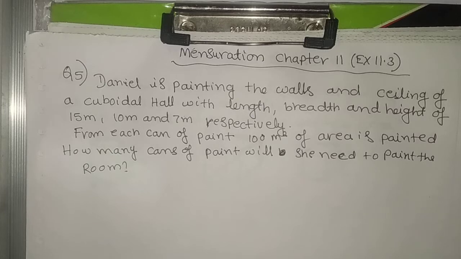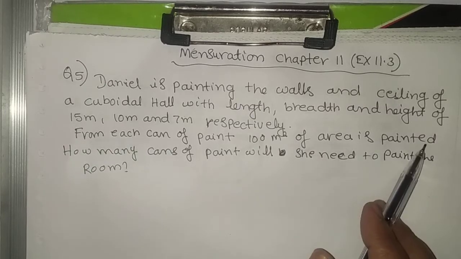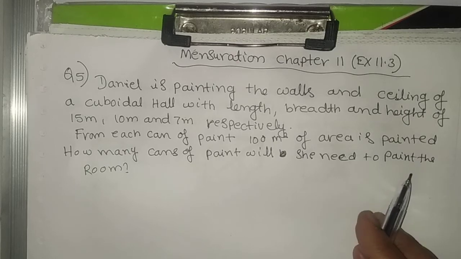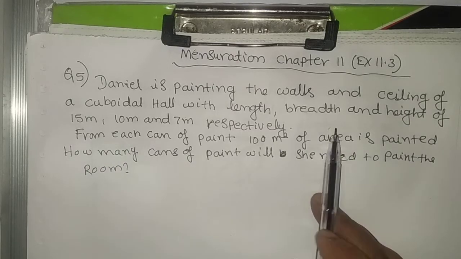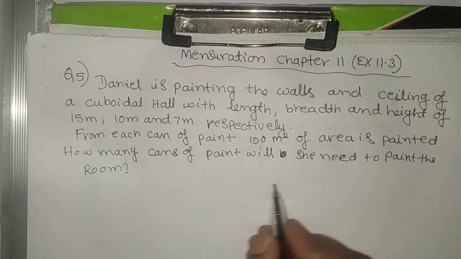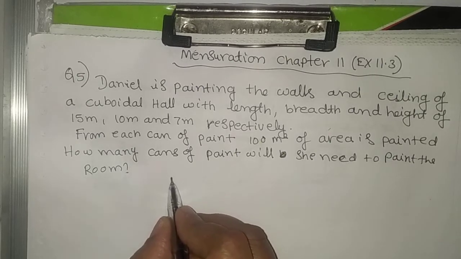Daniel is painting the room, which is of cuboidal shape, having length, breadth and height. So we can draw the diagram like this.